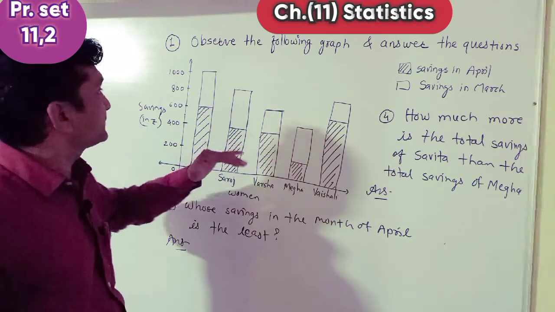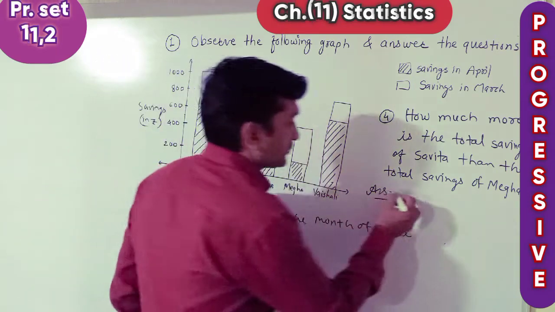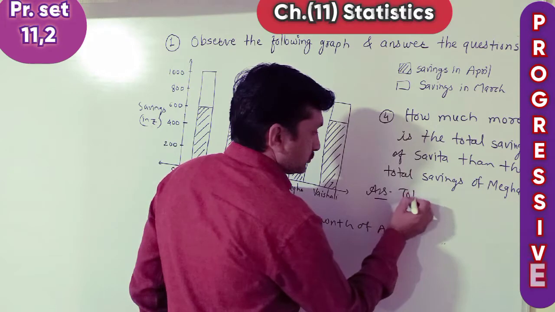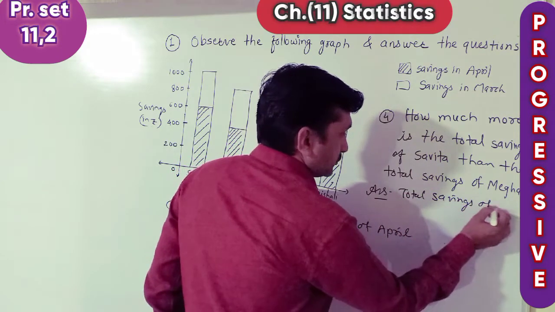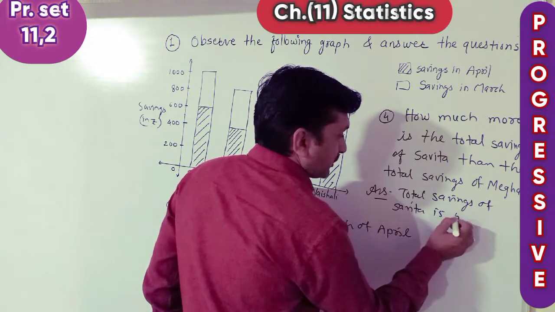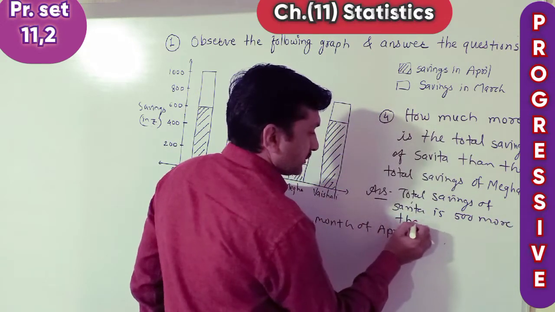Therefore we can write: total savings of Savita is 500 more than Megha.